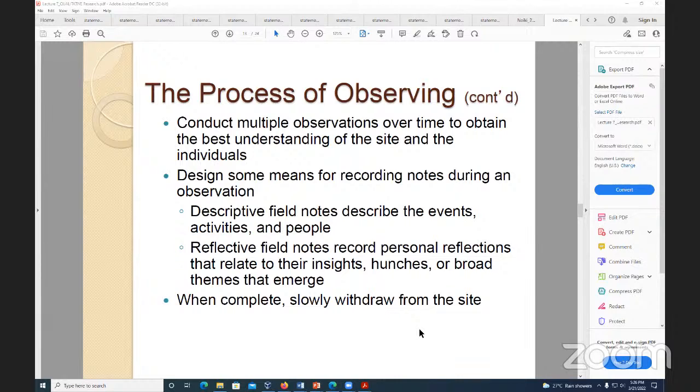So there usually is a clear set of procedures that your research team or you as a single researcher have created to record what is relevant to your research question. You're going to take notes, depending on what the research is about, about the event, activities, and people. And it's critical not just to take facts, it's also normally expected for you to reflect on anything that you see that is interesting, so insights, hunches, broad themes, and then you walk away.